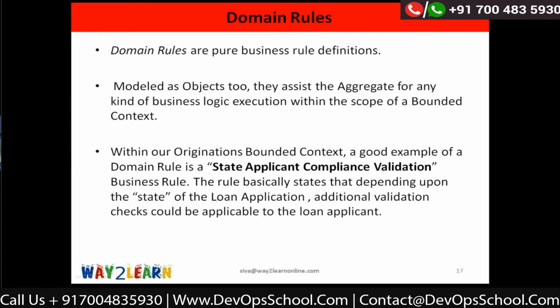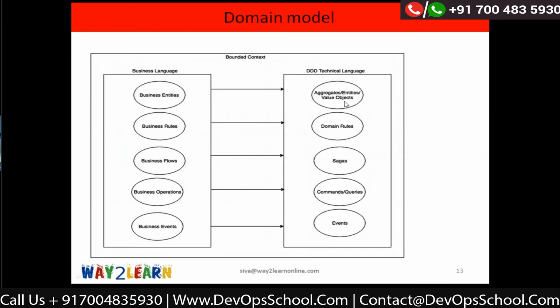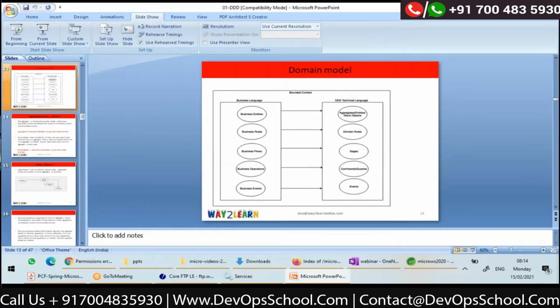So now the next step is identifying the domain rules. So I told you what the steps are. First step is identifying your aggregates, entities, or value objects. The next step in implementing our domain model is to identify the domain rules. What are all your domain rules? An example of a domain rule, I will tell you.